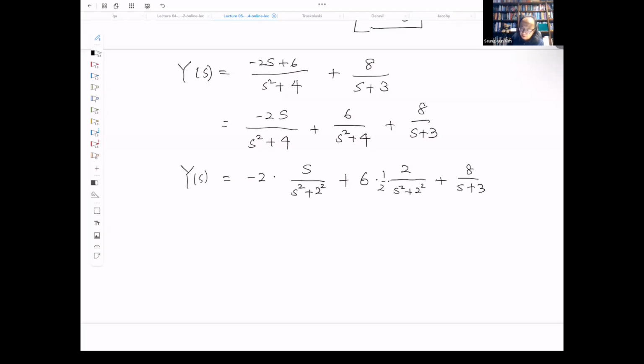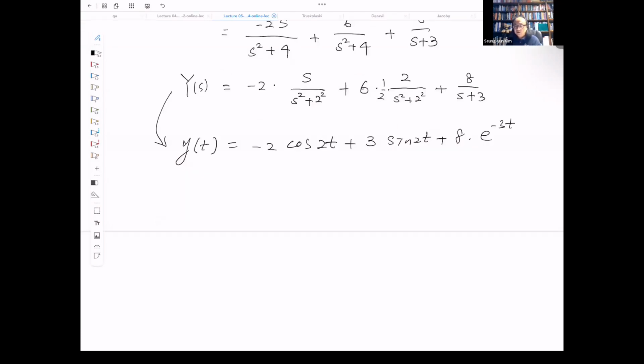Now we can take the inverse Laplace transform. So lowercase y of t equals negative 2 cosine 2t plus 6 over 2, which is 3 sine 2t, plus 8 times e to the negative 3t. Let's try to solve this differential equation without using Laplace transform.